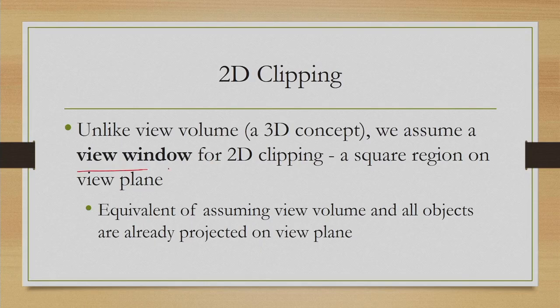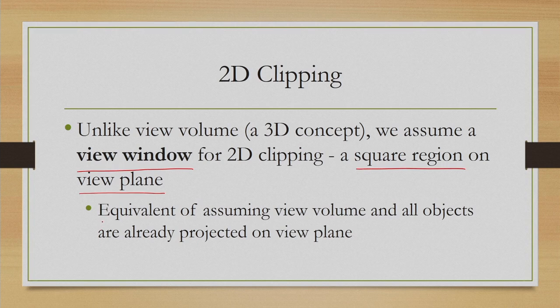So, instead of view volume, we now use the concept of view window, which is a square region on the view plane. In earlier lectures, we were introduced to the idea that on the view plane there is a clipping window on which objects are projected. The concept is the same as the view window.